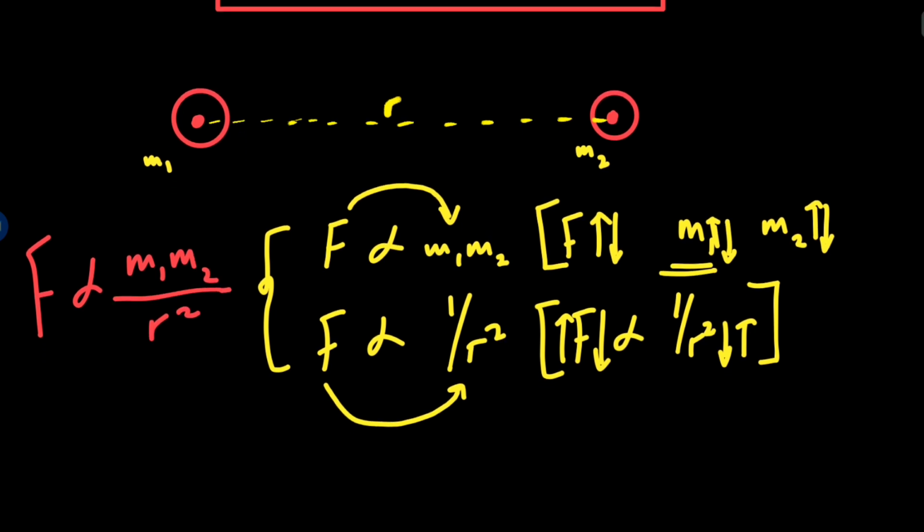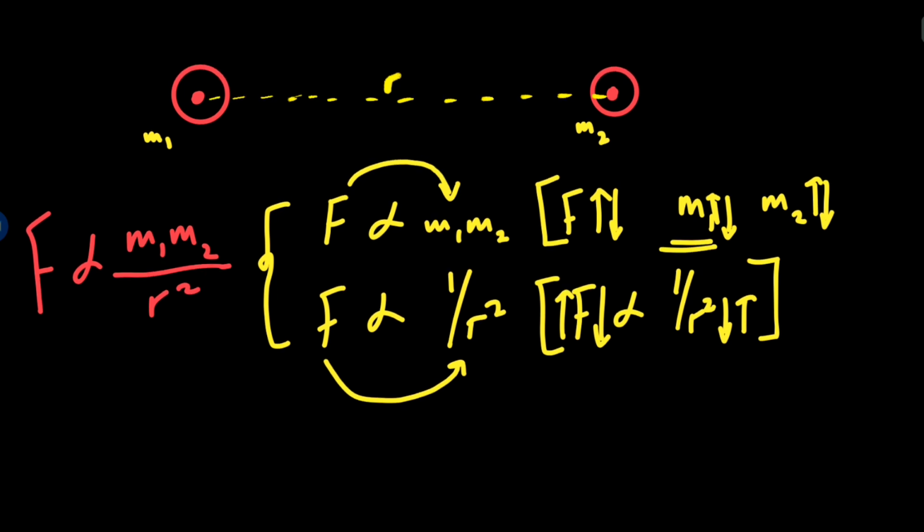Now if you remove the sign of proportionality, we change it to equals and introduce a constant, called the gravitational constant, G. So F equals G M1 M2 over R squared.